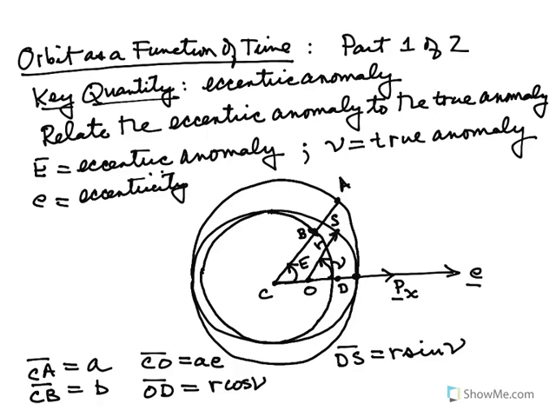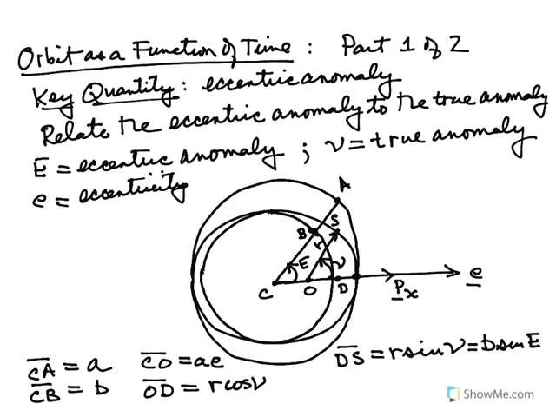But because B and S are along the same horizontal line, which means they lie along the direction PX, that's also equal to b times the sine of E. So if you look at this right here, you see that r times the sine of nu has to equal b times the sine of E.